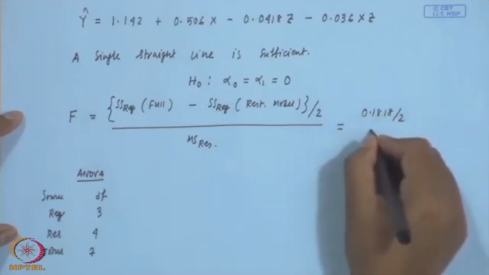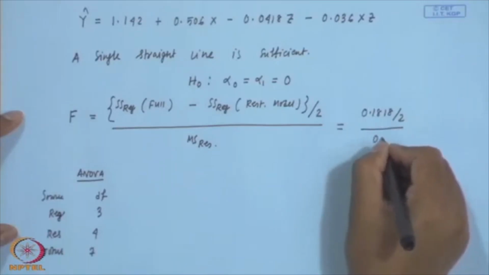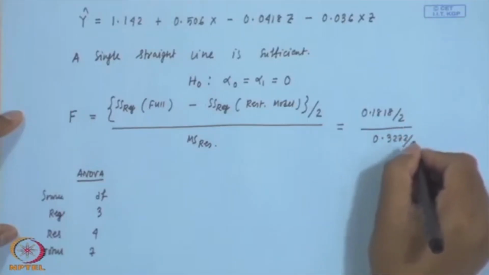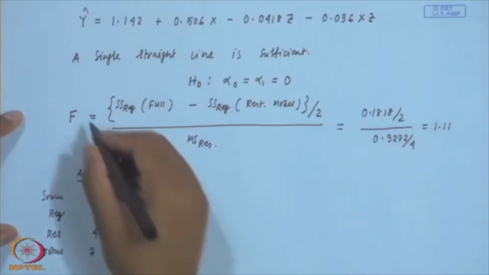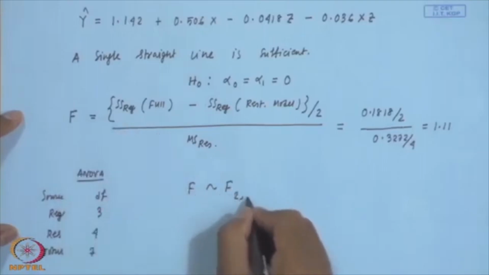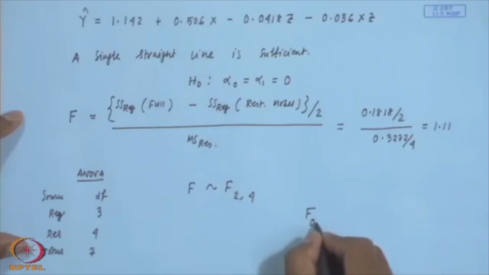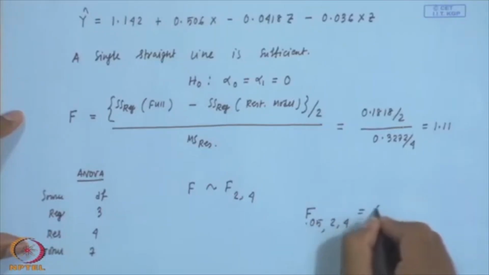and you can check that this is equal to 0.1818 by 2, divided by MS residual, which is 0.3272 by 4, which is equal to 1.11. Now, this F has degrees of freedom 2, 4. Now, just check the tabulated value of F 0.05, 2, 4, which is equal to 6.94.